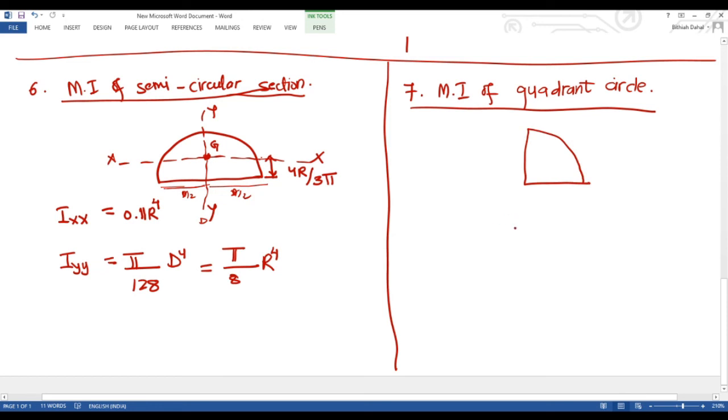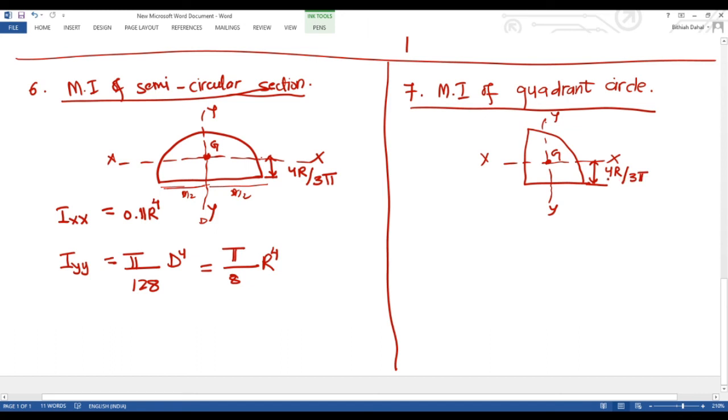So my distance here will be the same, with the x-axis running from here and the y-axis. Similarly, from the base, my centroid lies at a height of 4r by 3 pi, just like in the semicircular section, 4r by 3 pi, right?